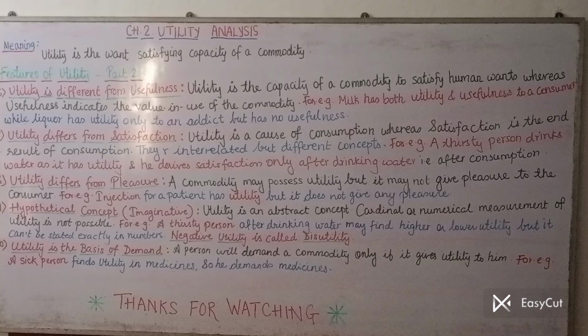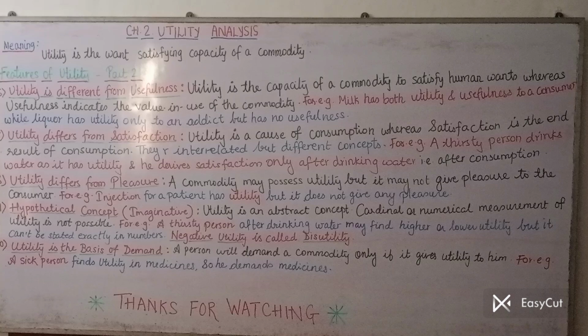Now, what is this value in use? In simple words, value in use means whether the commodity is good for our health, whether the commodity is actually useful to the consumer in reality. That is called usefulness. Let us take one simple example. Milk has both. It has utility as well as usefulness to a consumer.